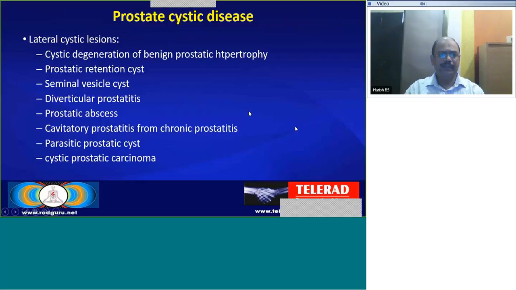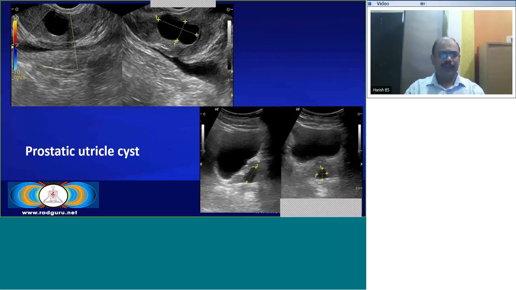The lateral cystic lesions include the cystic degeneration of benign prostatic hypertrophy, prostatic retention cyst, seminal vesicle cyst, diverticular prostatitis, prostatic abscess, cavitary prostatitis from chronic prostatitis, parasitic prostatic cyst, and cystic prostatic carcinoma. This image demonstrates a midline cystic structure within the prostate, which is a prostatic utricle cyst.